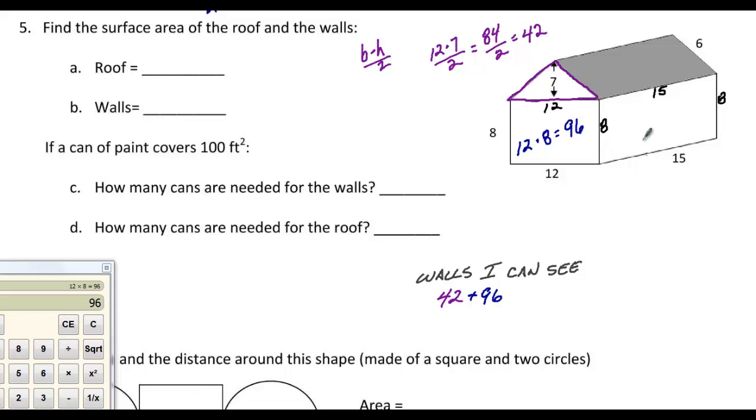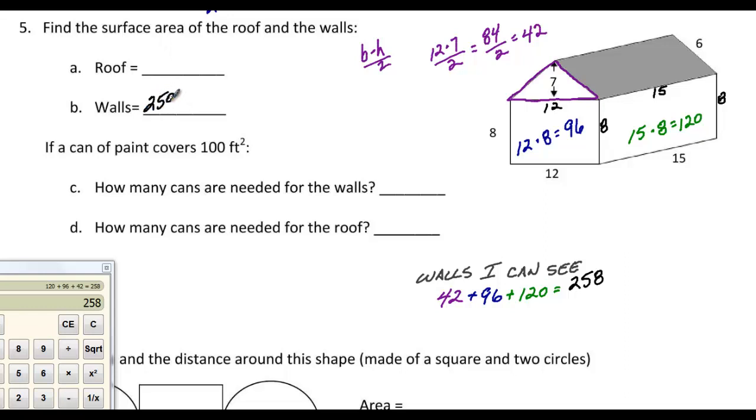And then finally, I've got this big wall, which is 15 times 8, so 15 times 8, 120, plus 120. And all of that, 120 plus 96 plus 42, is equal to 258. So that's the walls.